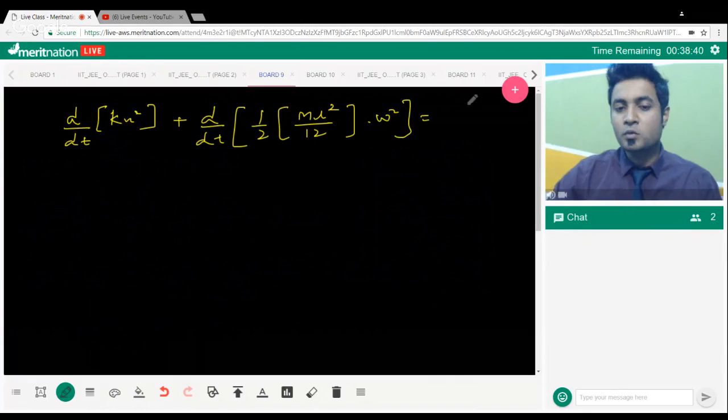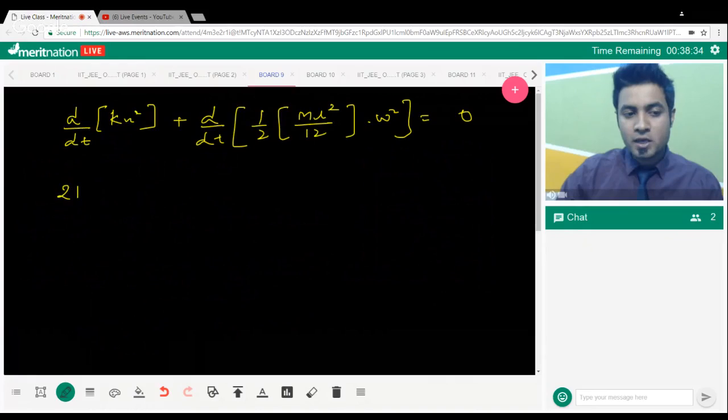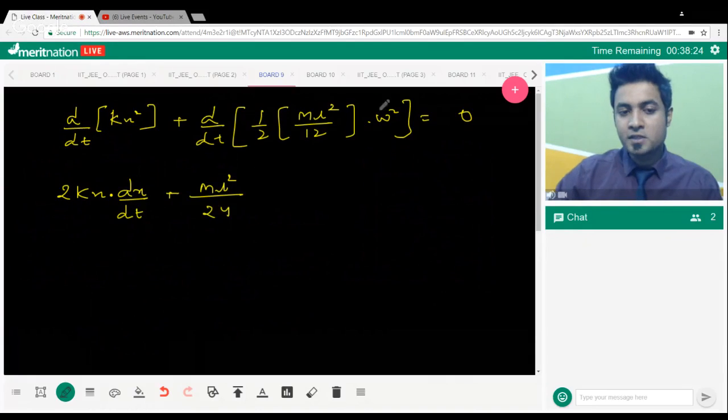And if you are differentiating a constant term, that will give you nothing but zero. So this will become 2kx dx/dt, and this will give you ml²/24, because everything is constant here, and this will become 2ω dω/dt, equals 0.